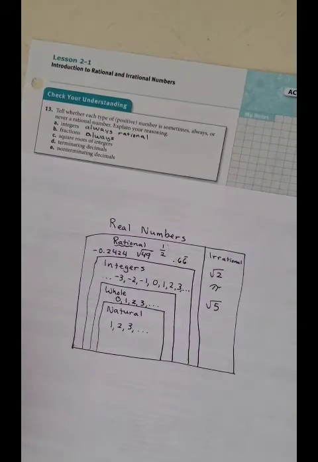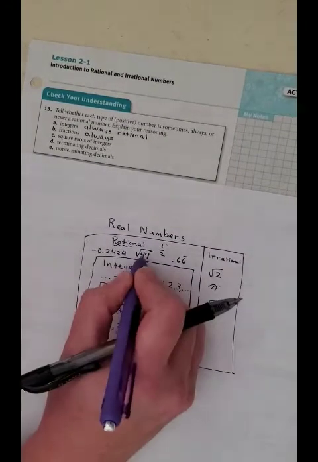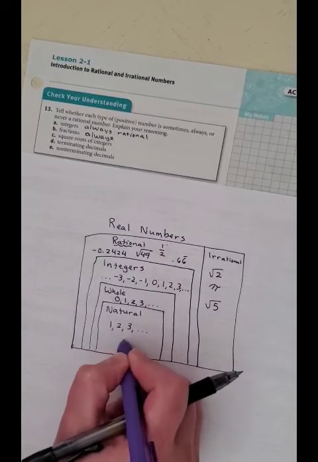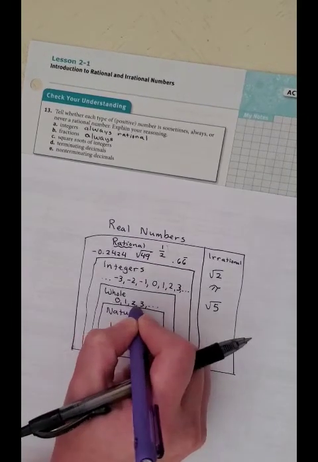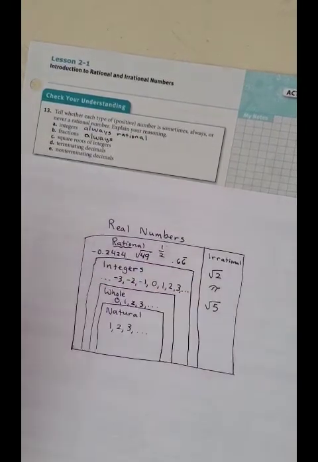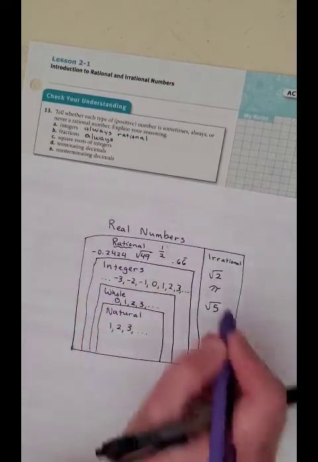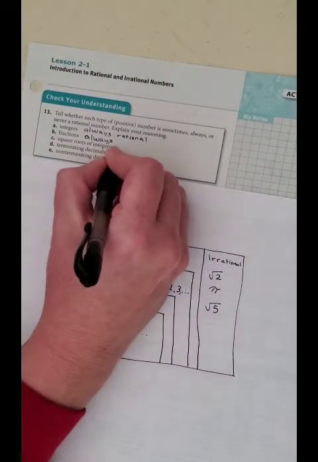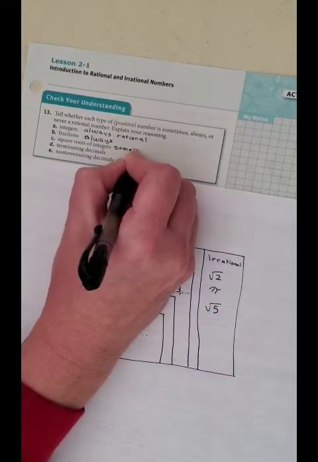The square root of 49 is 7, so that would actually be down here in the natural numbers, 7. It's here in the whole numbers, it's also here in the integers, and it's in the rationals. So it is rational, but sometimes, like the square root of 5, it is irrational, so we're going to say sometimes.